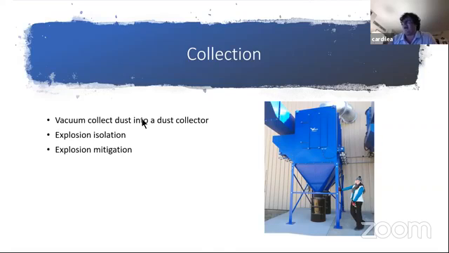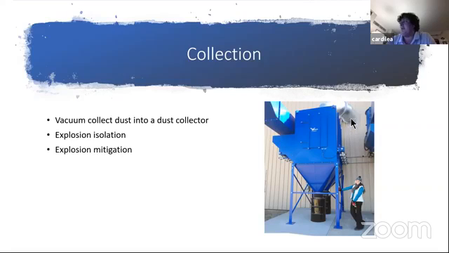A lot of times you have vacuum systems that collect dust into the dust collector. And then you need two other things to prevent damage to the facility and really to make it a safer facility for people, and that's explosion isolation and mitigation. As you can see here, there's this big blue pipe coming in, and that metallic pipe going out.